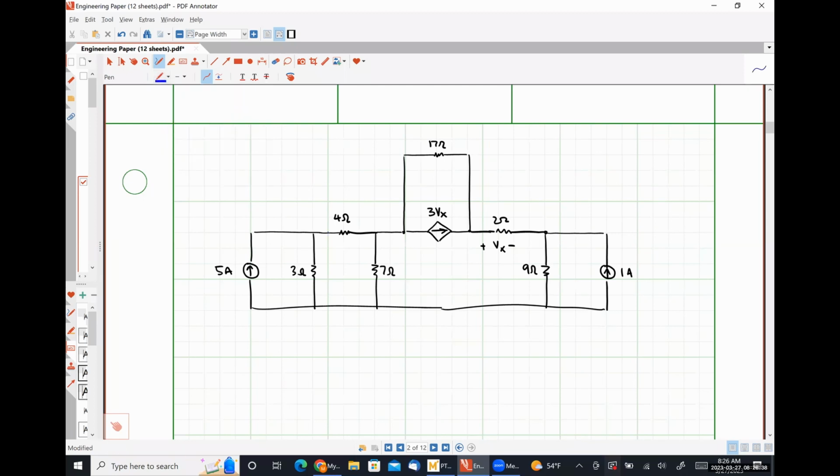So what I'm going to do, and this is just to help get you guys familiar with things, is I'm going to draw a pair of terminals here. Okay.